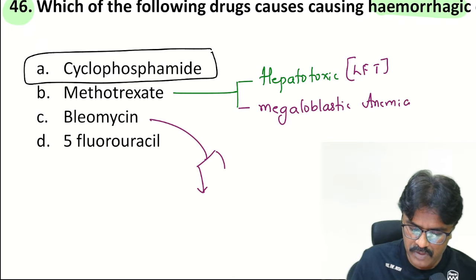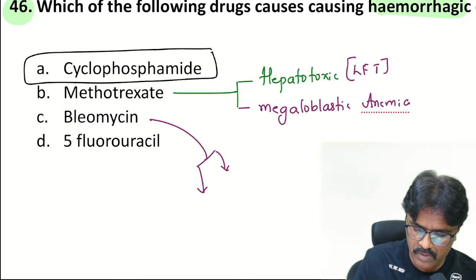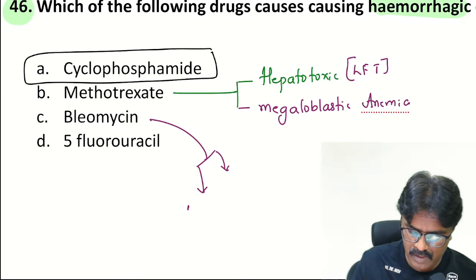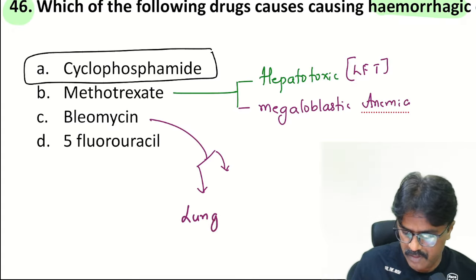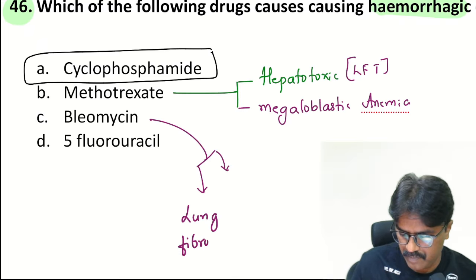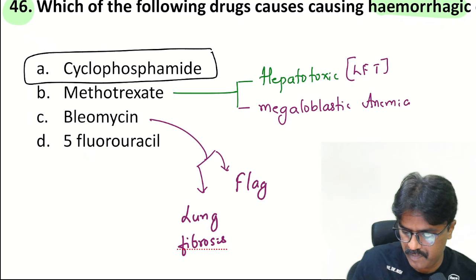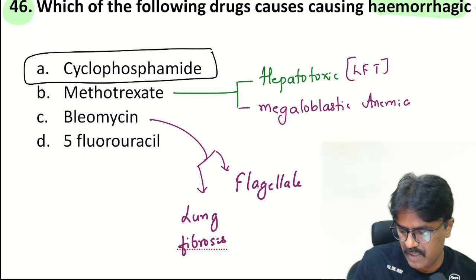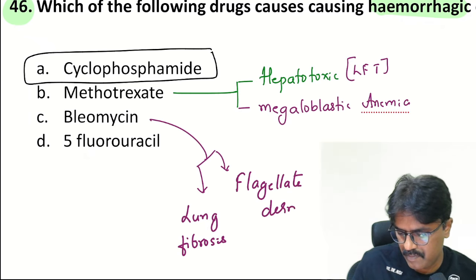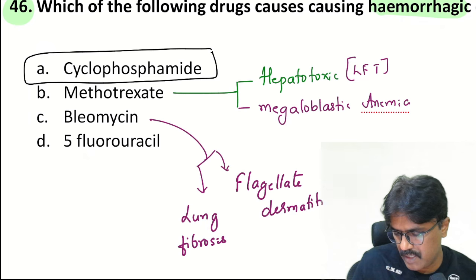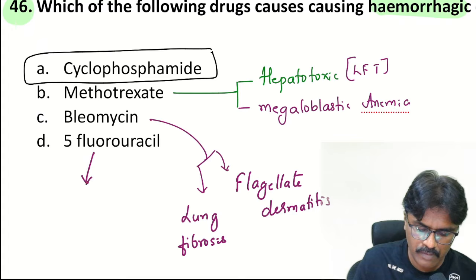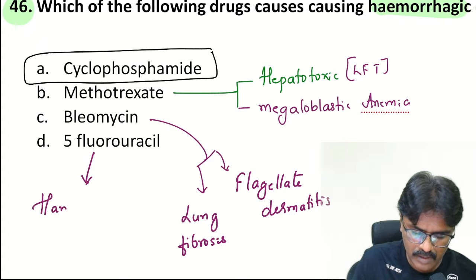Bleomycin, two problems. What are the two adverse effects? Lung fibrosis and flagellate dermatitis. 5-fluorouracil can cause hand-foot syndrome.